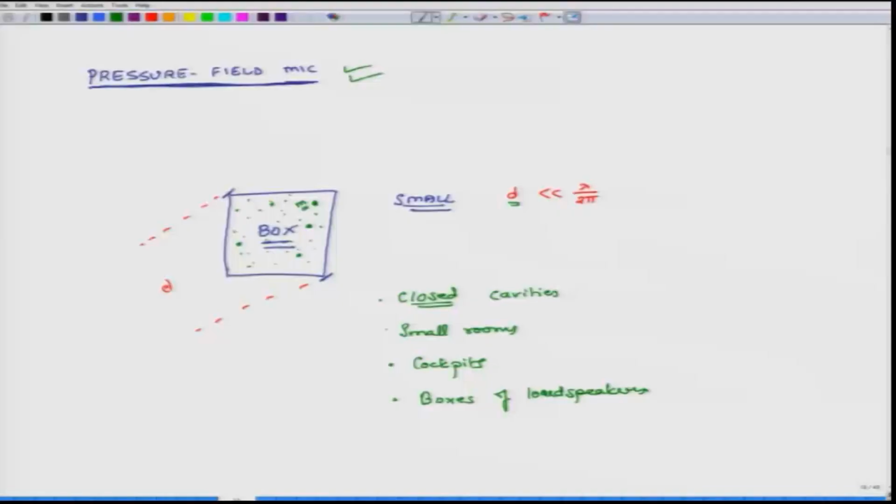So, boxes of loudspeakers, closed tubes, inside of the wings of aircraft. See, wings of aircraft are hollow and they are also sealed. So, if you want to know what kind of noise is there inside, you may want to use a pressure field microphone. So, that is there.